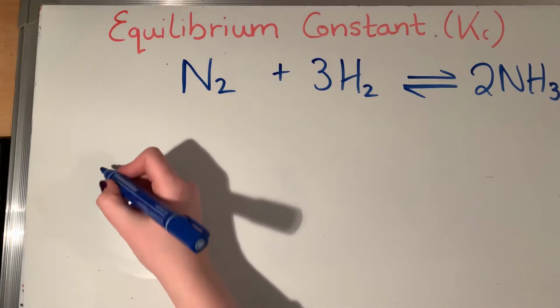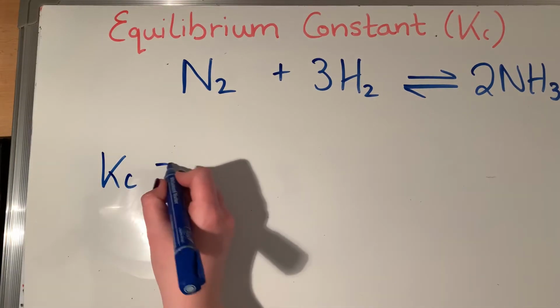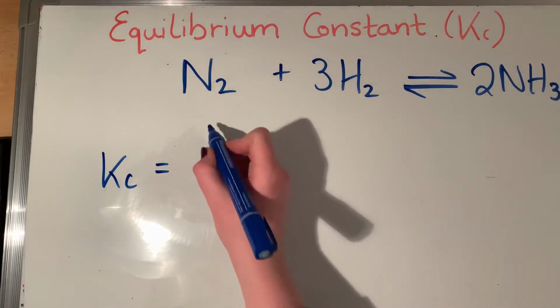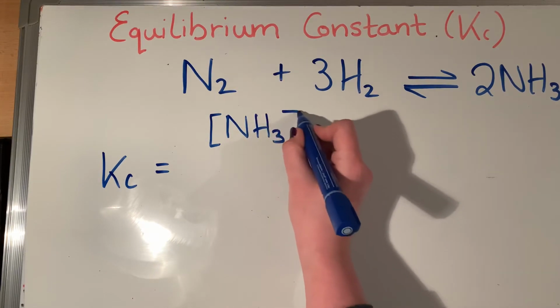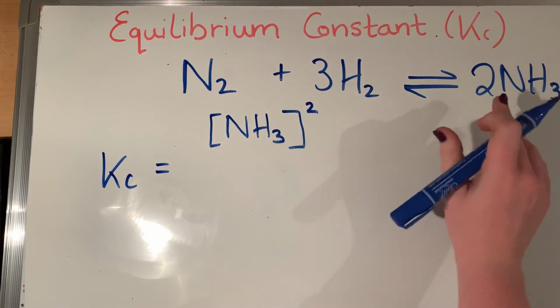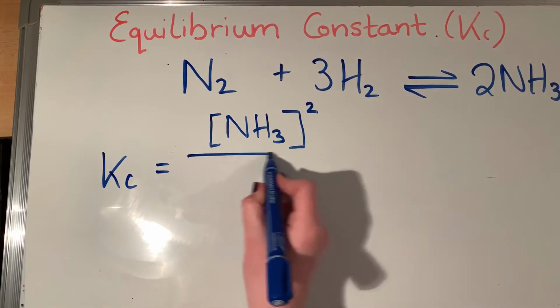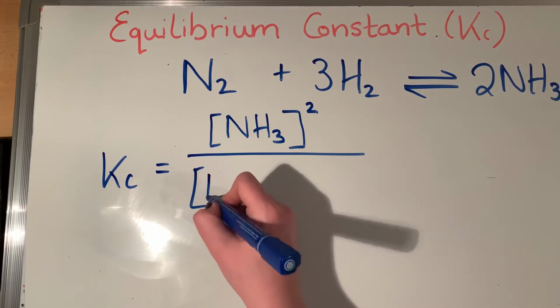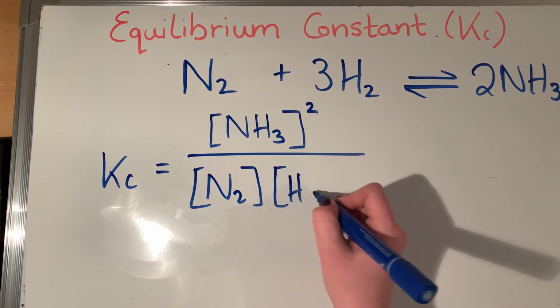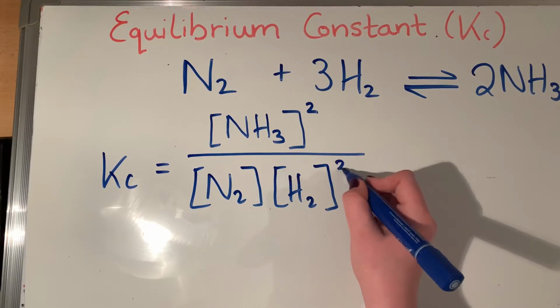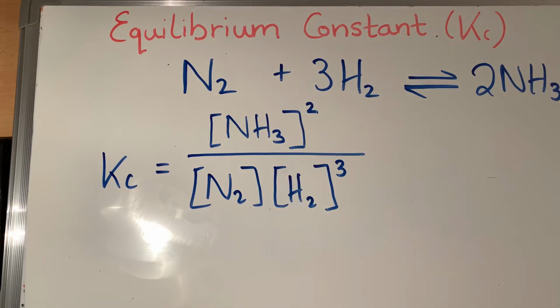So let's write our Kc, or our expression for equilibrium constant. Again, our square brackets NH3 to the power of 2, because of the big number in front of it, over N2 times H2 to the power of 3, because of this 3 here.